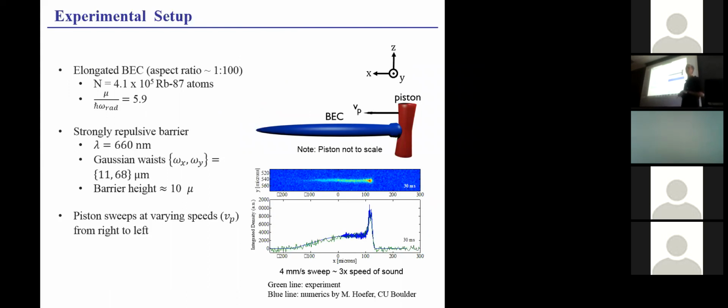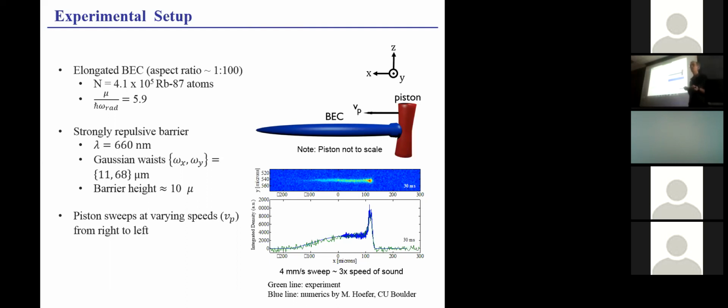It's not quite harmonic because we have an elongated dipole trap when we do this. The initial conditions were a BEC that's relaxed numerically into the shape of our dipole trap. And what was the other question? Basically the potential and the initial conditions. Yeah. Okay. If you're interested in the exact parameters, I can give them to you.